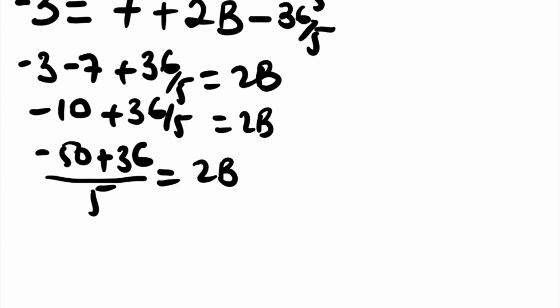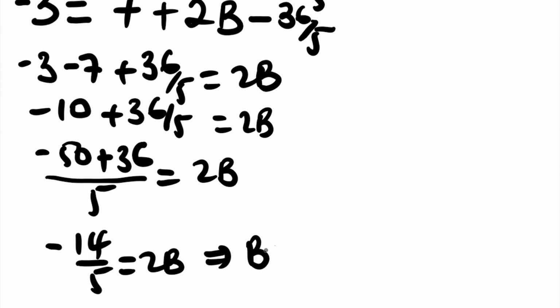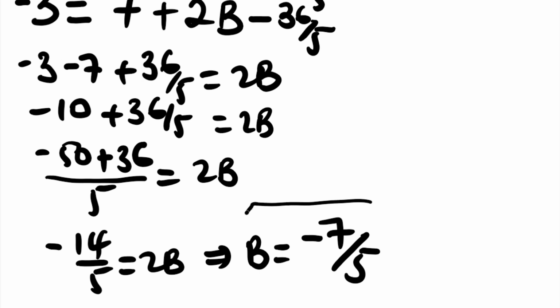If we go down, what would that be? It's going to be negative 14 over 5 equal to 2b. This implies that b equals negative 7 over 5. So this is the value for b.